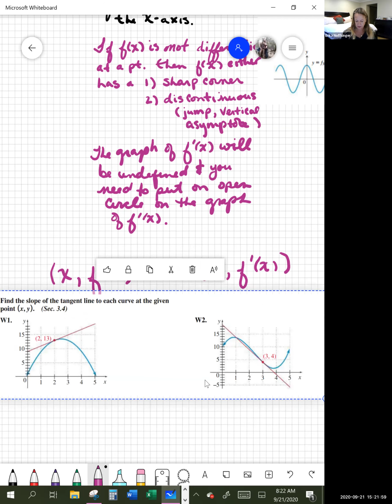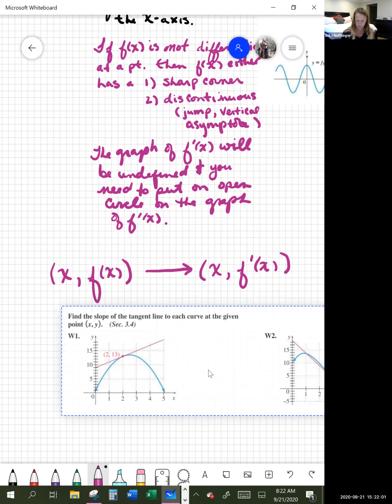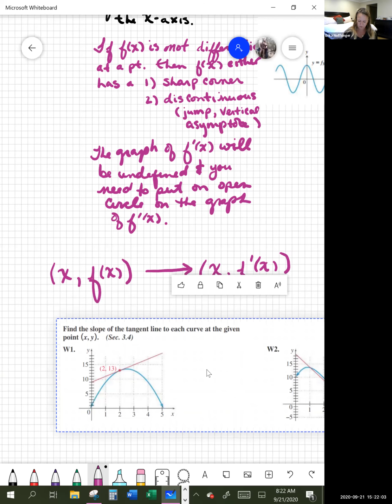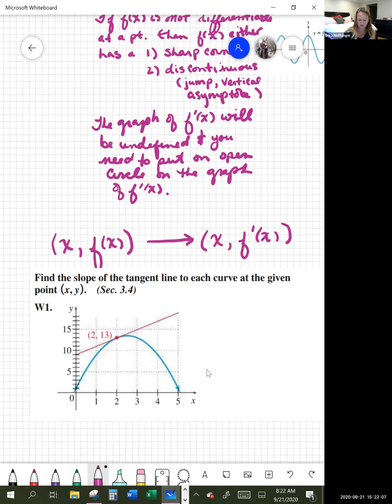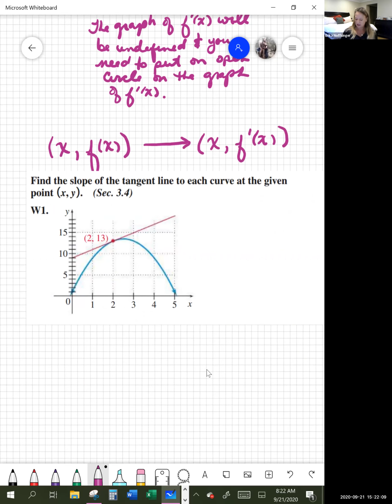Let me just blow it up. Okay, so let's again talk about a couple of things we know. We know our point, which was at (2, 13). This was on f of x.